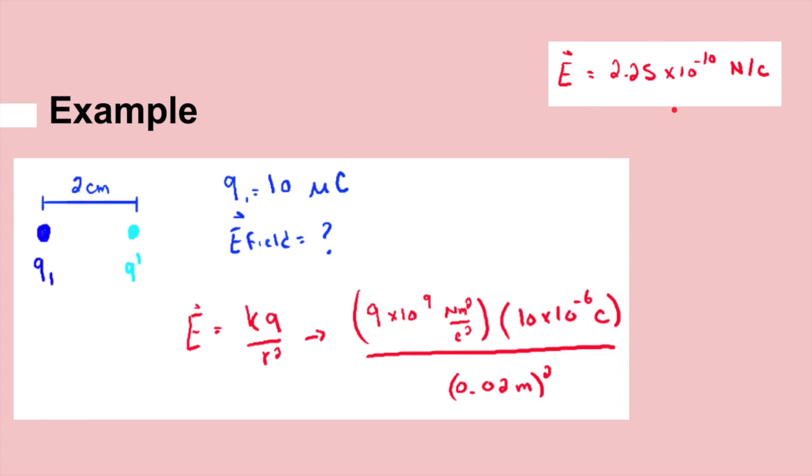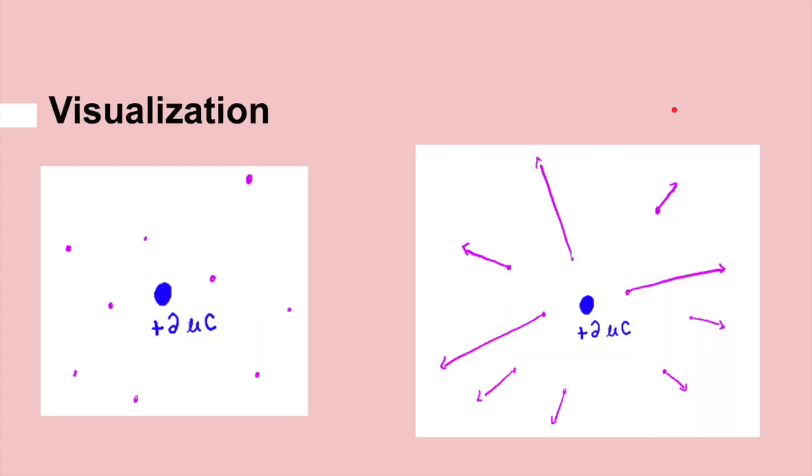So what does this mean? Well, it means that if we have a charge here that's just floating around in space, it is going to affect all the different points around it. So here we have a charge, which is Q. Then let's say we have Q prime down here. If we were to calculate it using the equation example we just did, we would be able to find that it has a magnitude and that it has a direction because it's a vector.